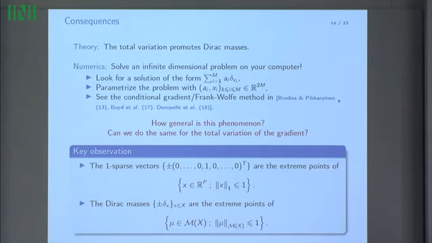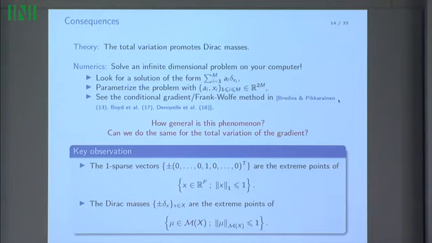So we have to remark that the one-sparse vectors are the extreme points of the L1 ball, in the finite dimensional case. And so we are saying that when I want to minimize the basis pursuit, I know that I have some solution that can be written as a sum of m vectors, m being the number of measurements, in the canonical basis, because this is m-sparse, so m extreme points of this ball.